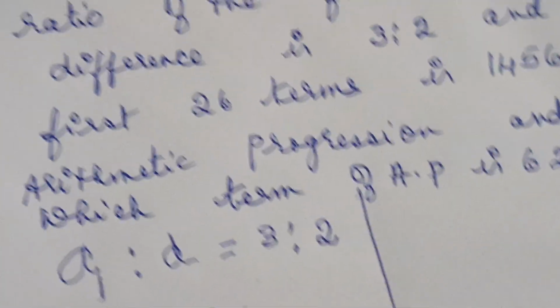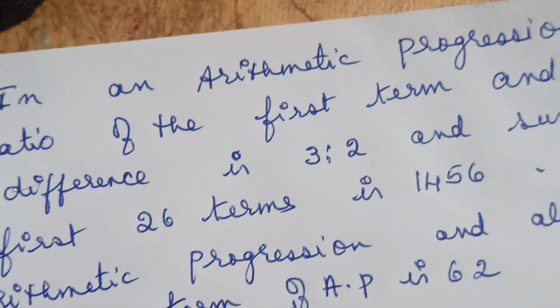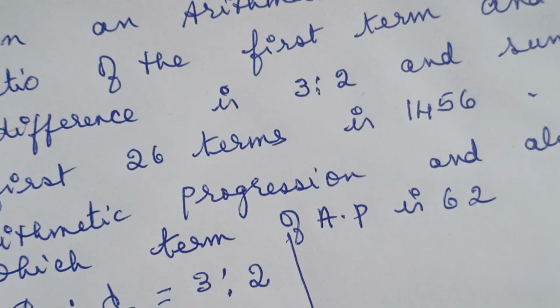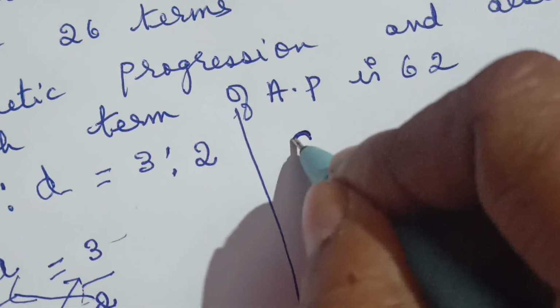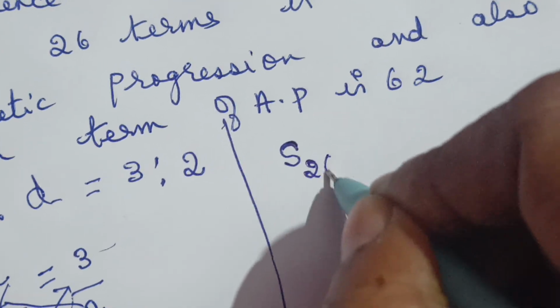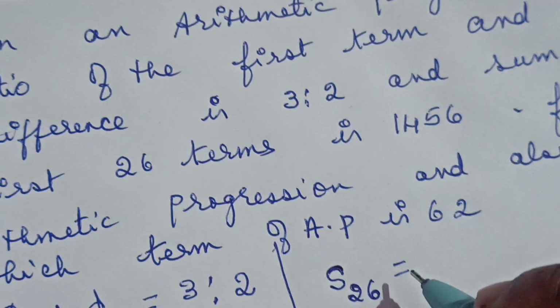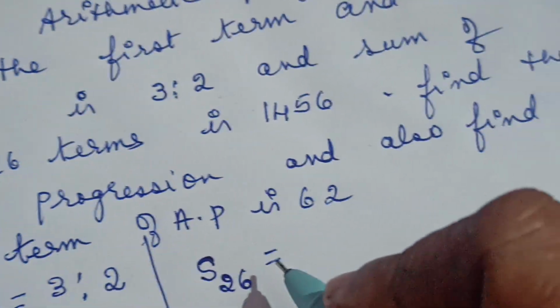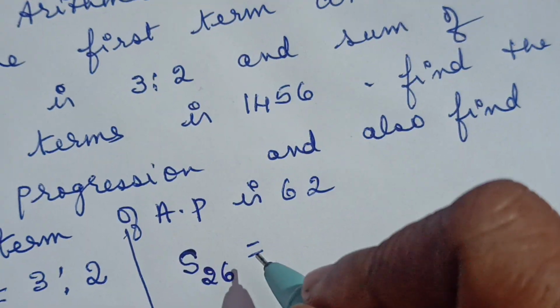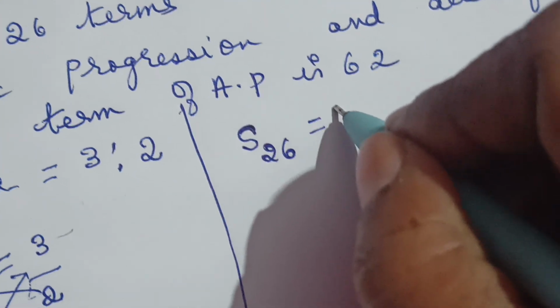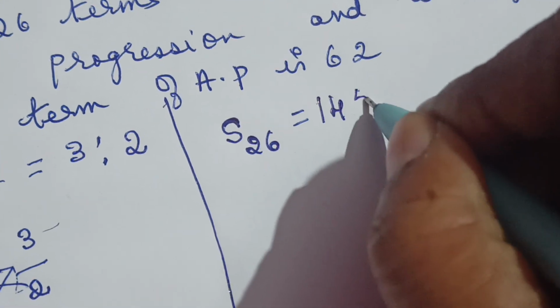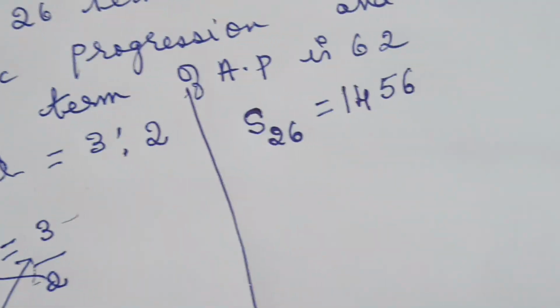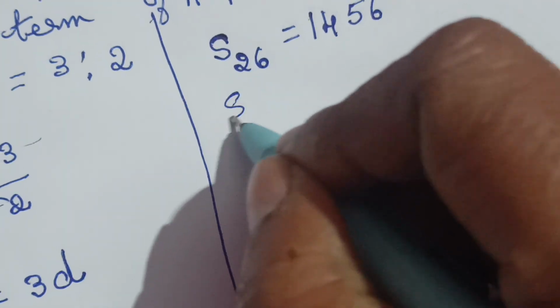In the next part they have told us the sum of the first 26 terms is 1456. So you know the formula for sum. What's the formula for sum?